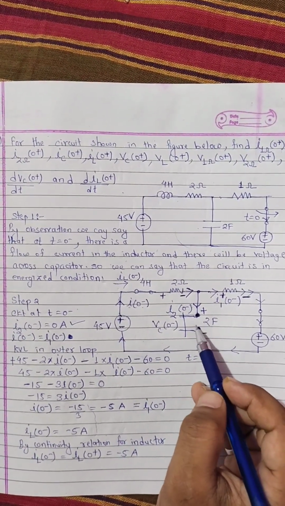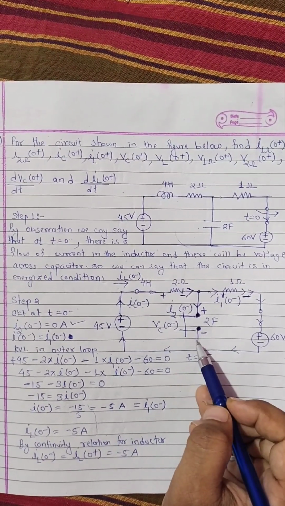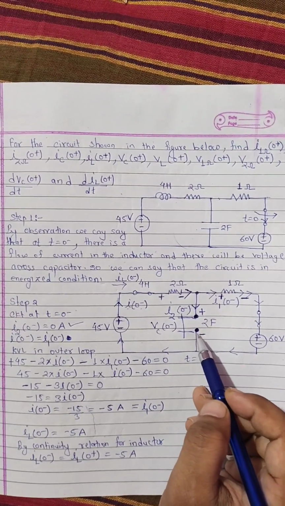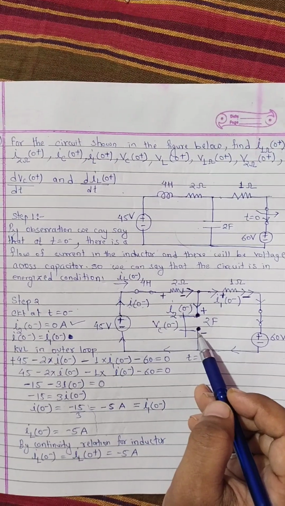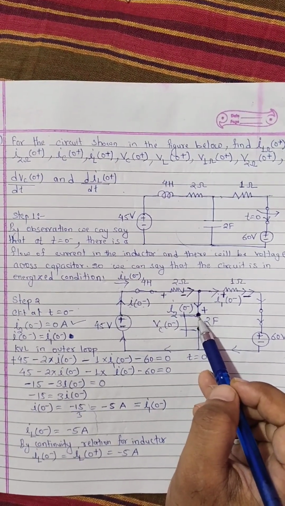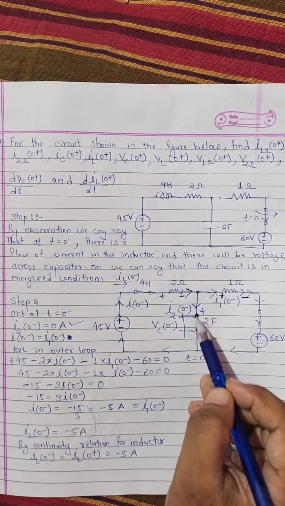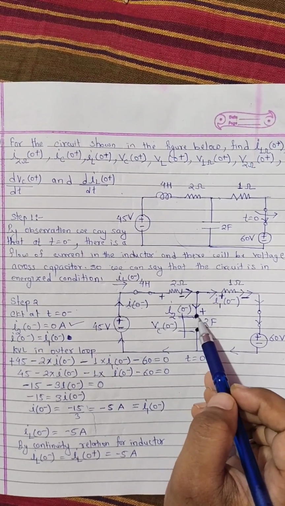Now we are able to calculate the voltage across these two terminals using the concept of starting point and finishing point. Let us suppose this is the starting point and this is the finishing point.